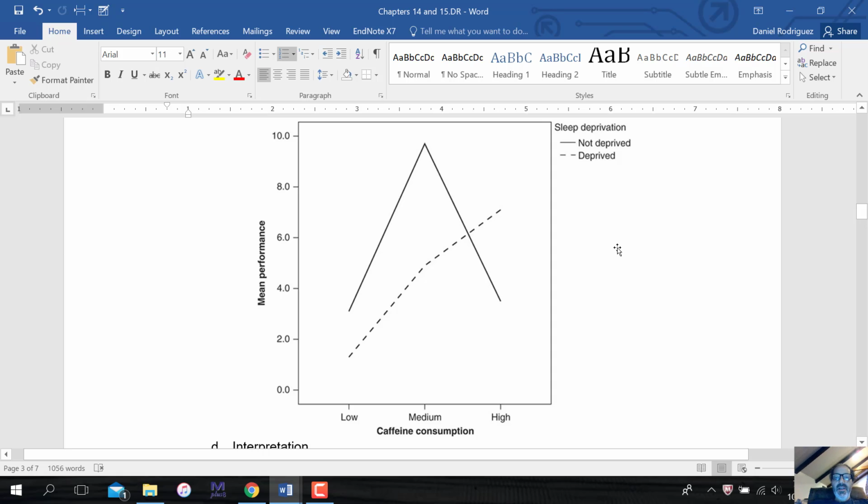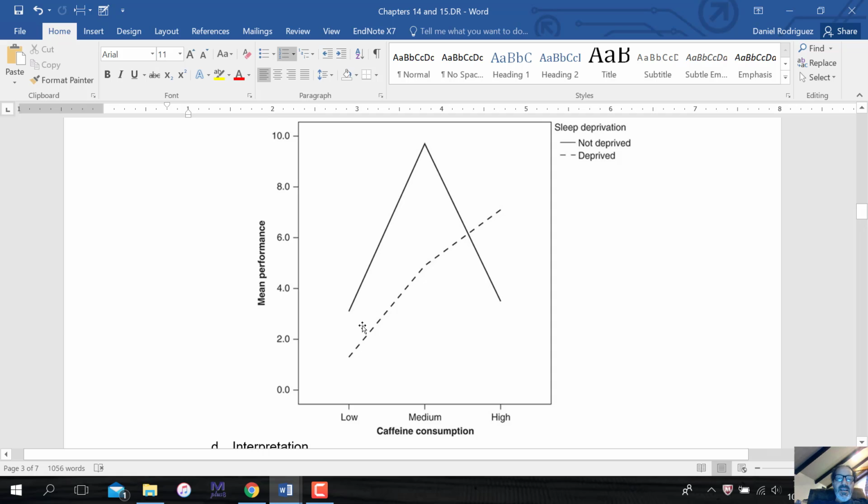Now we wanted to know, does the effect of caffeine consumption on driving performance differ for levels of sleep deprivation? So we have two levels of sleep deprivation, not deprived and deprived. When we look at this figure, first of all, we see that they cross. So that's already telling us that there's going to be an interaction. By the way, sometimes these lines can cross outside of the boundaries of your study too.